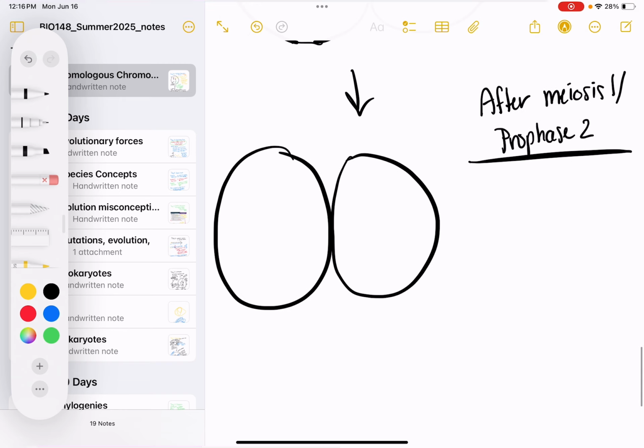After cytokinesis, I'm going to have 1 of each non-homologous chromosome in each cell. Over here on the left, I've got the capital R. On the right, I've got the little r. On the left, I've got the big B. On the right, I've got the little b.